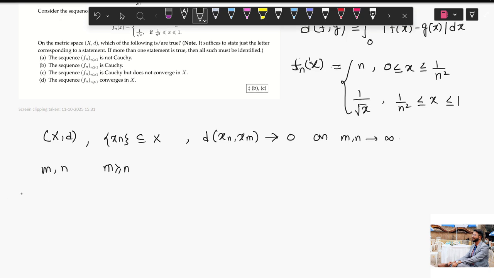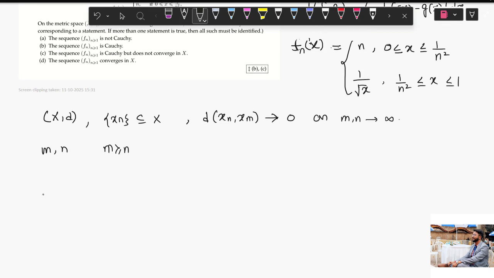Now let's see the behavior of f_n(x). f_n(x) is n when 0 is less than or equal to x less than or equal to 1 by n squared, and 1 by root x when 1 by n squared is less than or equal to x less than or equal to 1.